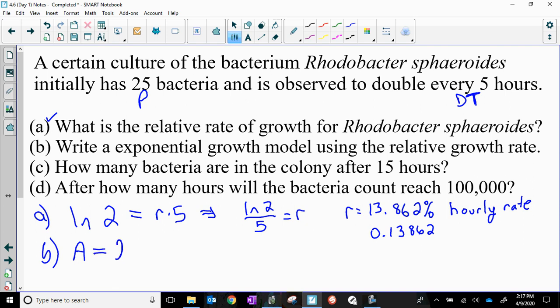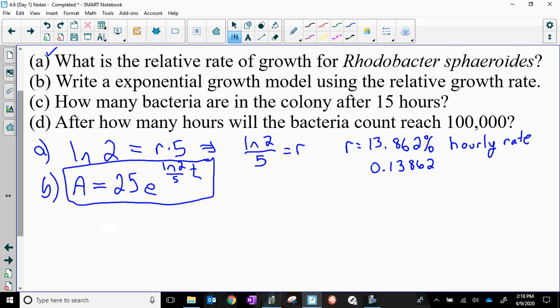So we're going to take our initial amount, which is 25, e, and our growth rate, which is natural log of 2 over 5, and we're going to times that by T. If you don't want to use the parentheses there at the end, that's fine too, as long as it's a big power here. So there is our formula. We'll show on the next slide that this is actually the exact same equation that we came up with when we did this problem the first time.